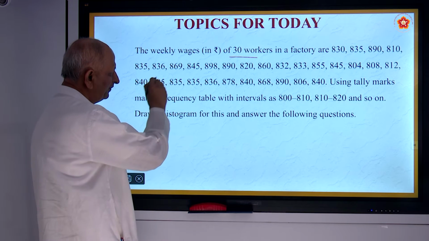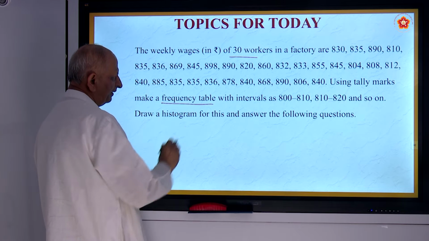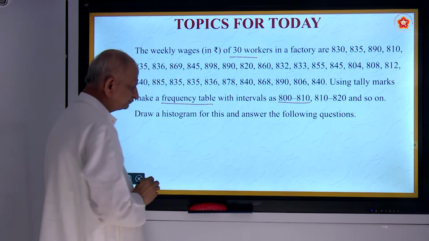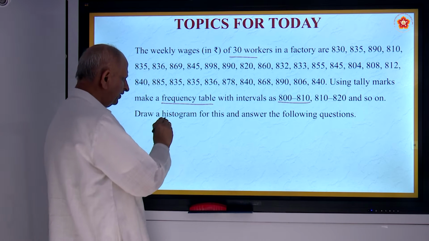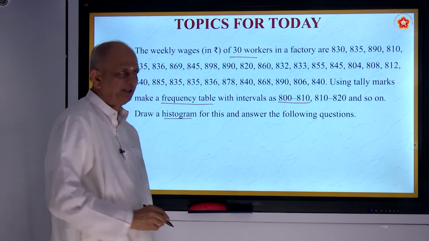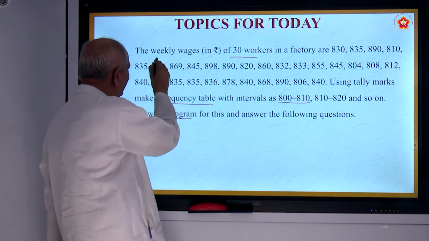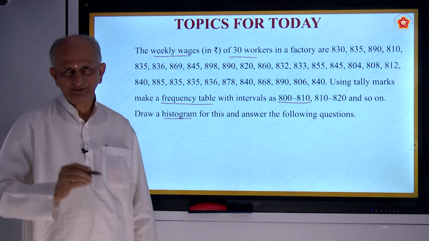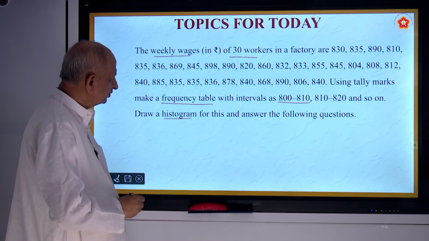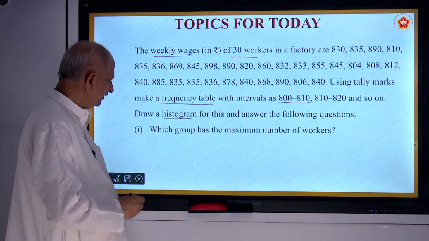So here the salaries of 30 workers are given, and you are asked to make a frequency table starting with the class interval 800 to 810. You must draw a histogram for that, and you have to answer the questions. This is the weekly wages; once in a week they give salary to the factory workers. So using this you must draw a frequency polygon.